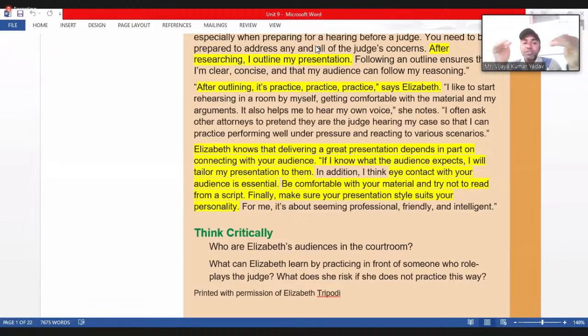Because if you look at somebody with a smiling face, with a cheerful face, it has a positive impact, isn't it? And then the communication will be healthy, isn't it? So that's why you should maintain a smiling, cheerful face throughout the hour of your presentation.